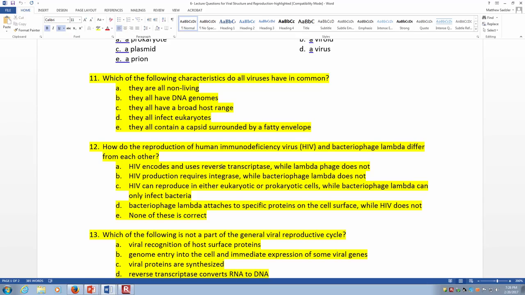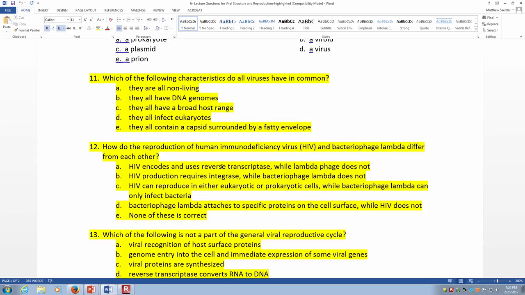So just to go through the other ones, remember that some viruses have RNA genomes rather than DNA genomes, so that's B. The C, they have a broad host range. That's not true. Some viruses only infect a single species, and then there's viruses that will only infect a single cell type within that species.